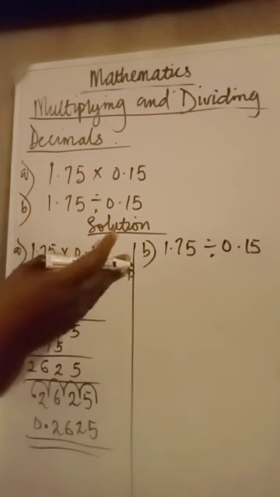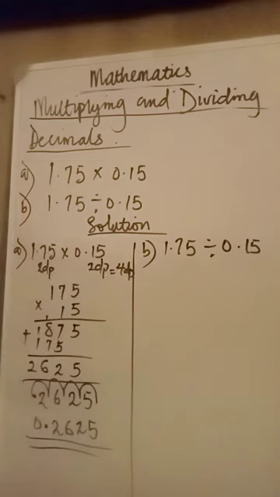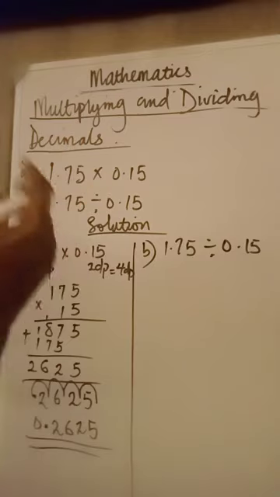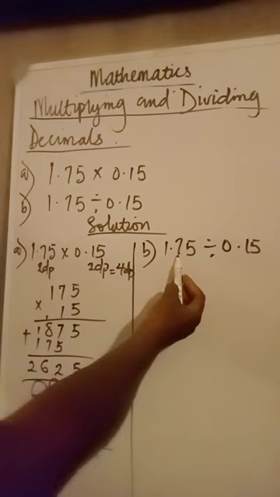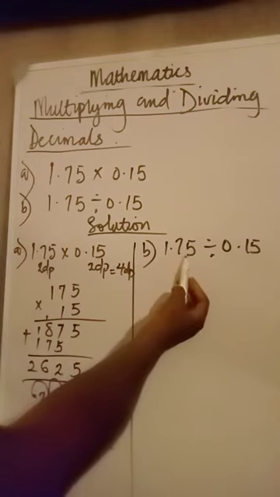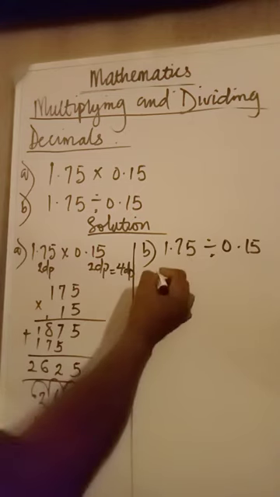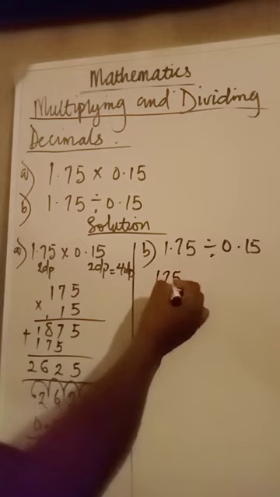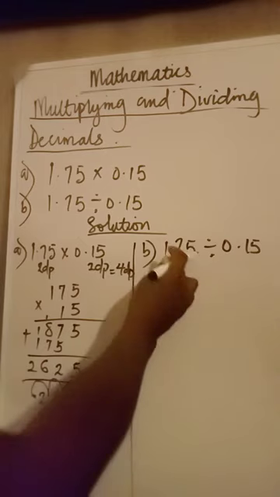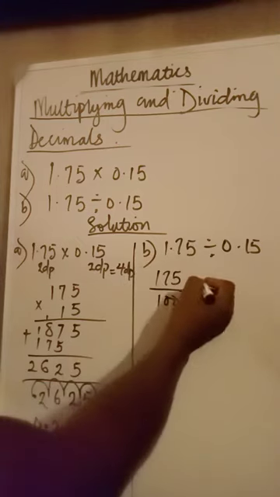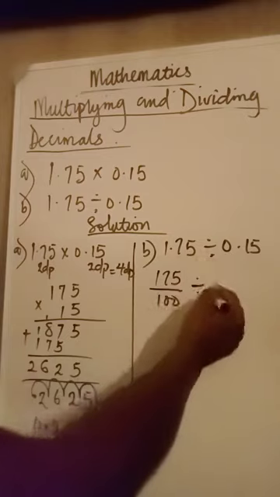So instead of solving this as decimals, I'm going to solve it as fractions and convert back to decimal. I have 2 numbers after the decimal point, which signifies 2 zeros over 100. So 1.75 means 175 over 100, divided by 0.15.